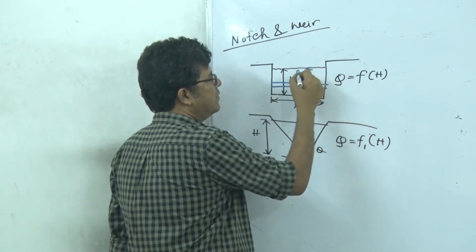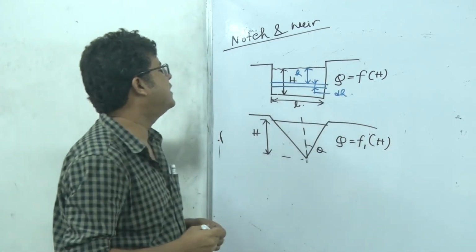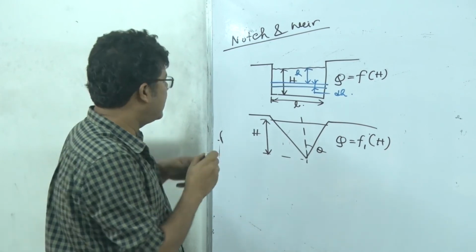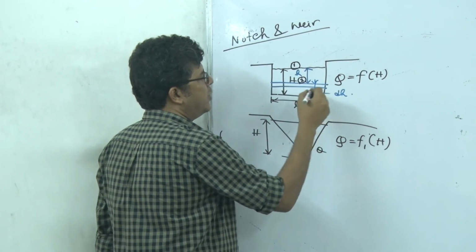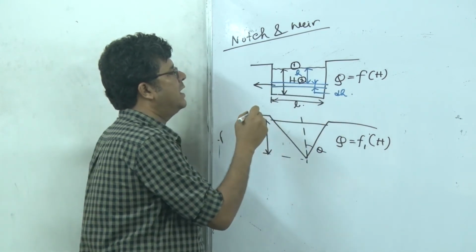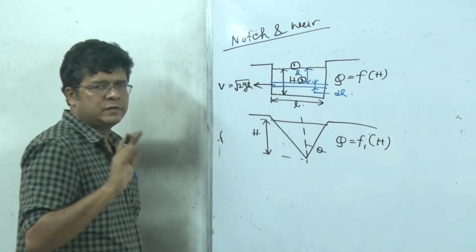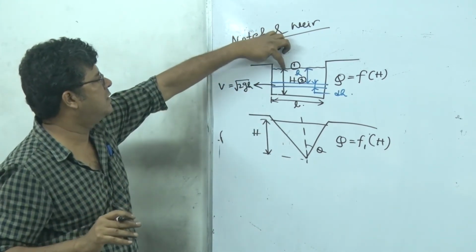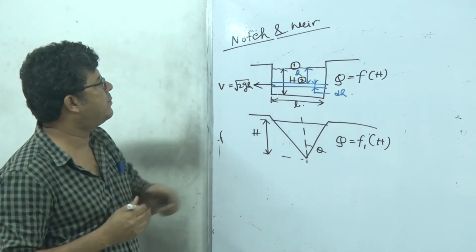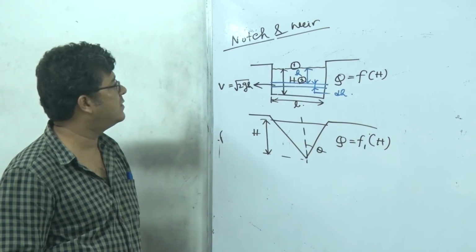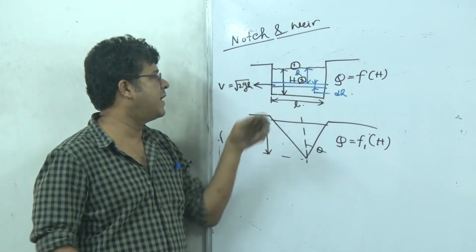Say this is h here and this is dh. If I apply Bernoulli's equation between point 1 and point 2, we can calculate the velocity here as the square root of 2gh. Because here the velocity is 0, here the velocity is say v. The pressures at point 1 and point 2 are the same because it is atmospheric pressure, and there is a change in datum level of height small h.